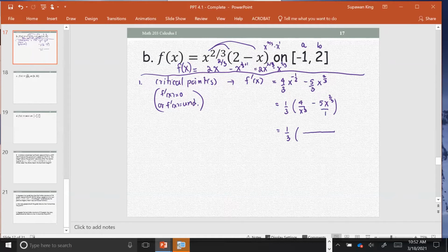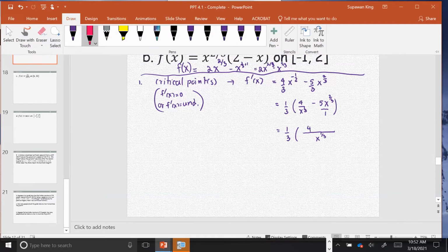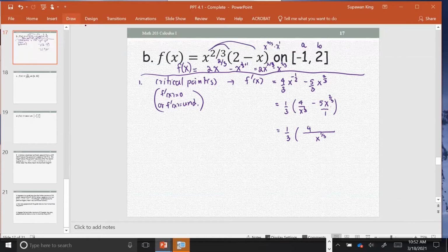The first term has denominator x to the power 1/3. Second term denominator 1. So the common denominator would be x to the power 1/3. So I have to make the second term have the same denominator, so multiply the second term by x to the 1/3 over x to the 1/3, right?